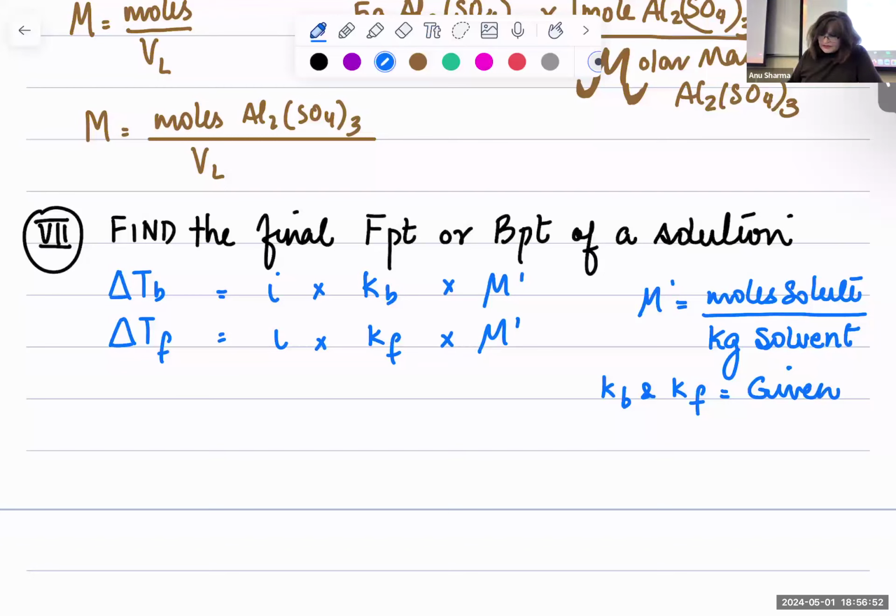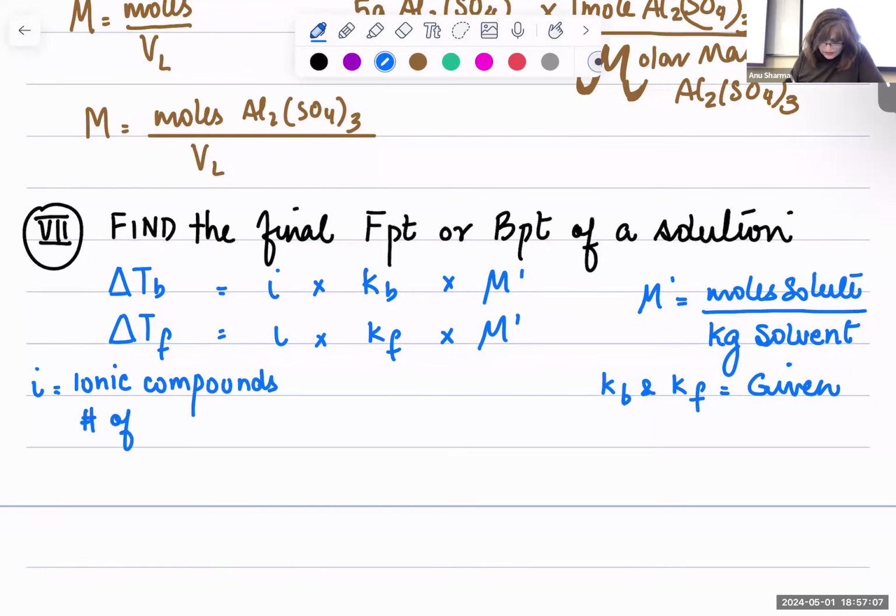Next, the tricky part is the i. For ionic compounds, i is the total number of ions. For example, NaCl gives 2, so the value of i is 2.